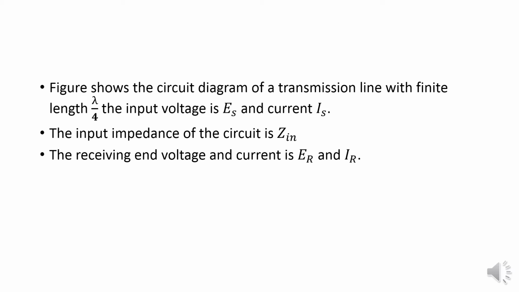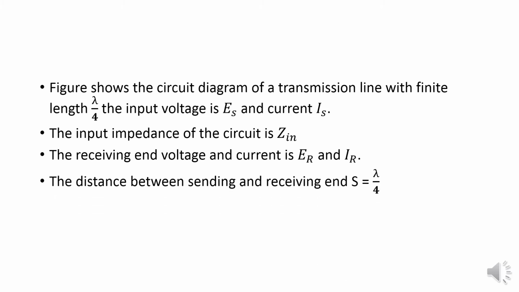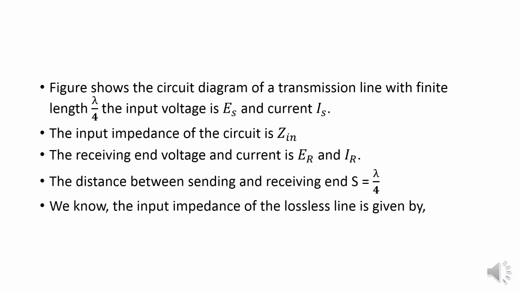After that, we already know the input impedance of the distortionless line. In the distortionless line, the distance between the sending end and the receiving end, S, is equal to lambda by 4.